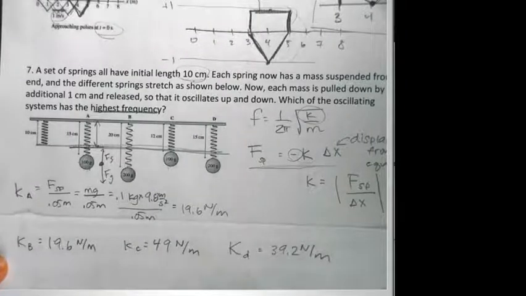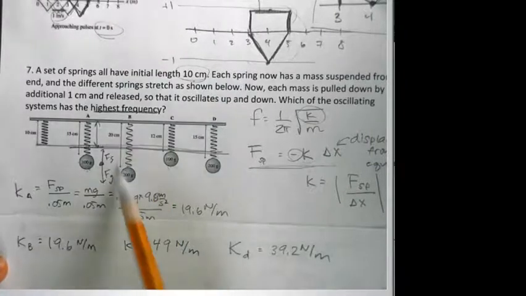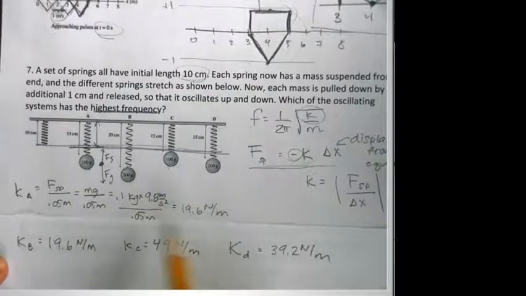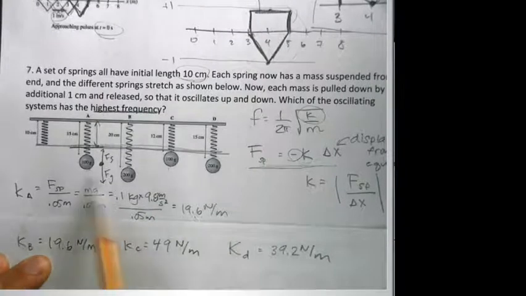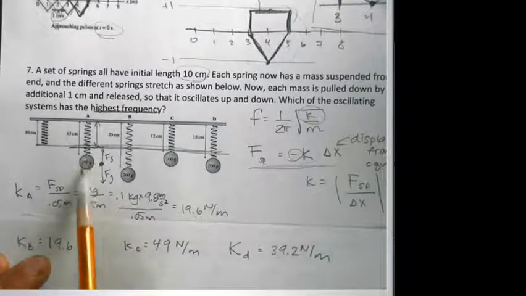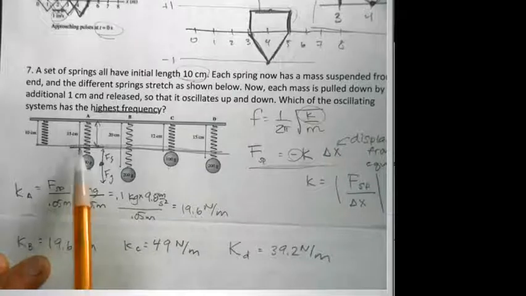So evidently, this is a pretty stretchy string. And evidently these two springs have the same stretchiness because they have the same spring constant. That kind of makes sense if you look at it. This one had half as much weight, or half as large a mass on it, and it was displaced half as far as this one here.